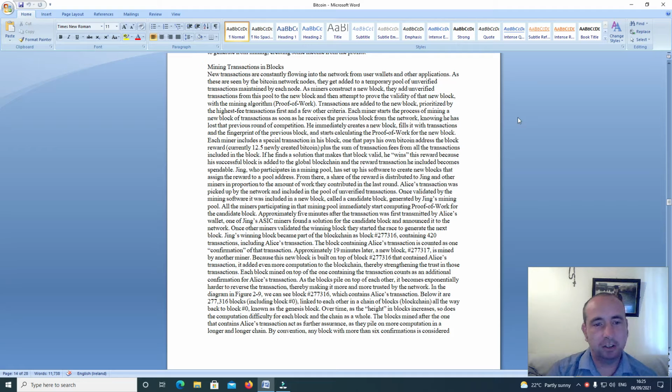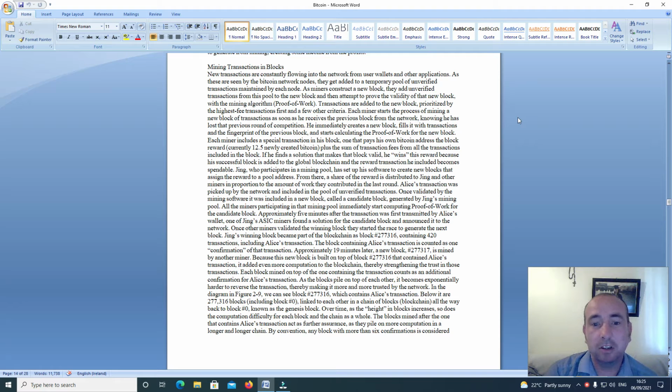Mining transactions in blocks. New transactions are constantly flowing into the network from user wallets and other applications as they are seen by the network nodes. They get added to a temporary pool of unverified transactions maintained by each node.